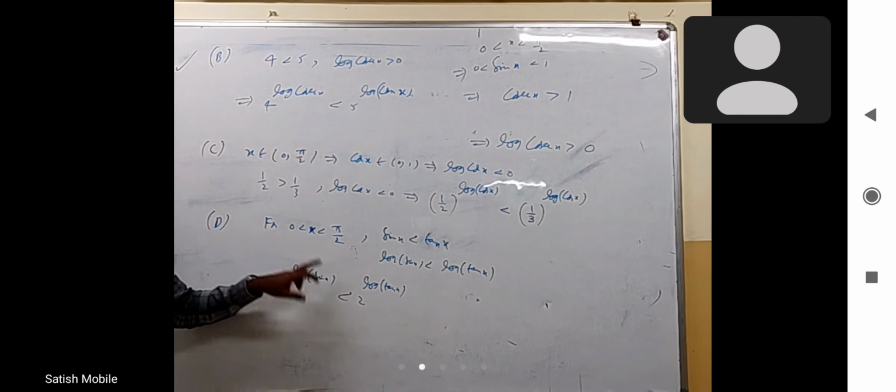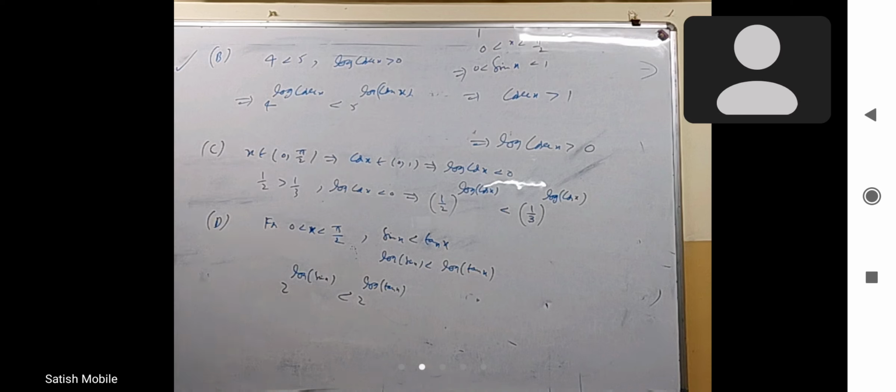That's why this value is more and this value is less. So this option is also right. They give 2 power log tan x is greater than 2 power log sin x. So all options are correct: A, B, C, D.